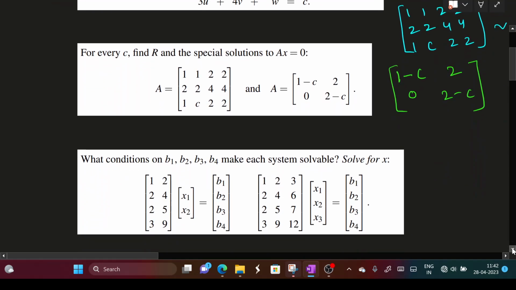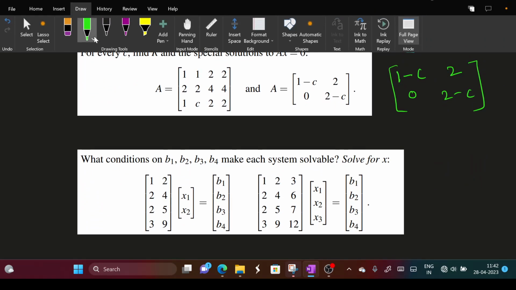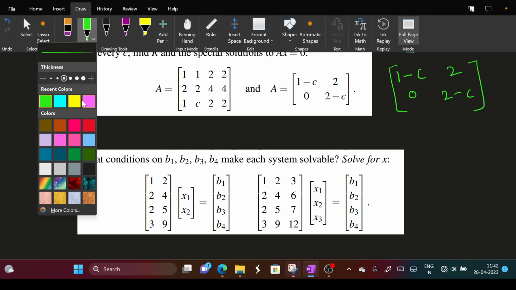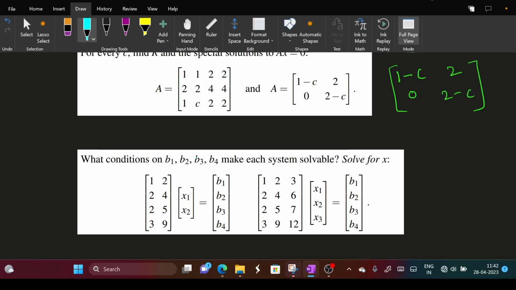Next question is how to solve it. Now for this question, this color I will take. What conditions on b1, b2, b3, b4 make the system solvable? Solve for x. I will do one, and then from it we will reduce one column to get the other one.